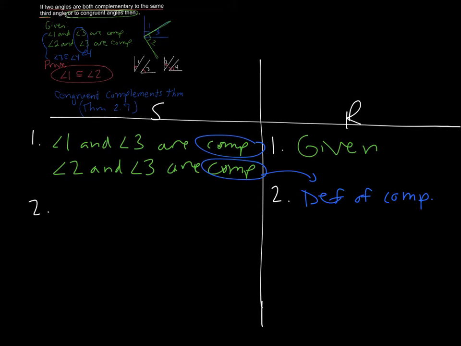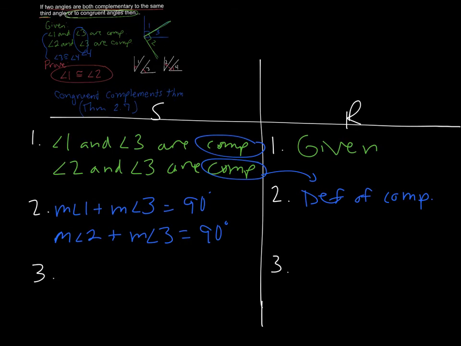Definition of complementary: angles are complementary if and only if their sum is 90 degrees, they add to 90 degrees. So I'm going to make an equation that says that. And my equation is going to be measure of angle 1 plus the measure of angle 3 equals 90 degrees. And if I can do that for angle 1 and angle 3, then I better be able to do it for 2 and 3. Add to 90 degrees.